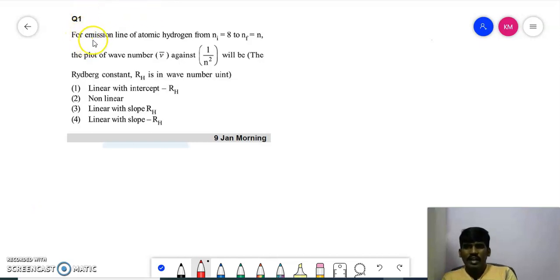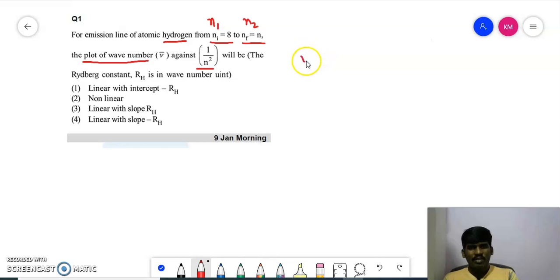For an emission line of the atomic hydrogen spectrum, Ni value is equal to 8, that means N1 value. Nf is equal to n, that means N2 value. A graph was drawn between wave number against 1 by n square, we have to find it out.